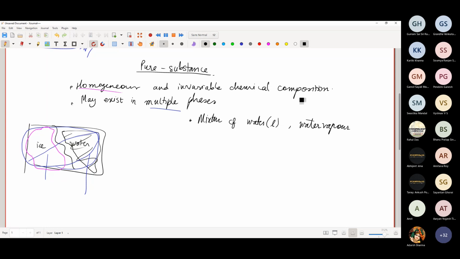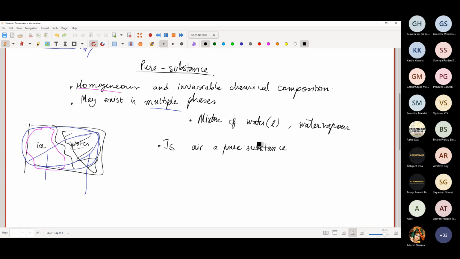That's a pure substance. Now tell me this: is air a pure substance? No, sir. There are different chemical substances in air, nitrogen, oxygen, carbon dioxide, one by one.